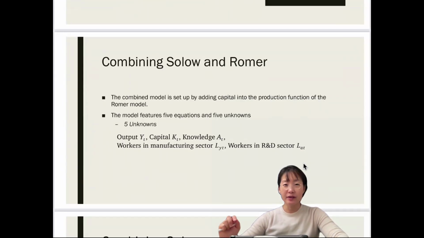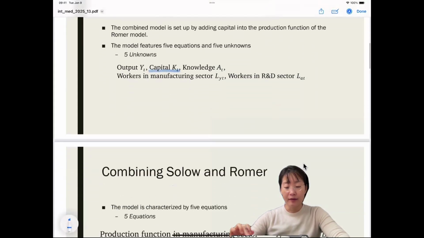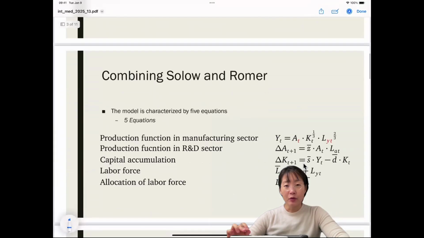It sounds a little complicated, but it's not necessarily that. It's simple. So the model has just one more unknown, capital stock, on top of the Romer model. And then there is only one additional equation on top of the standard Romer model.